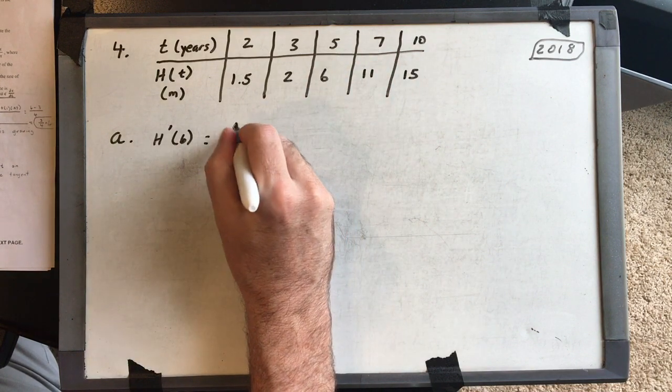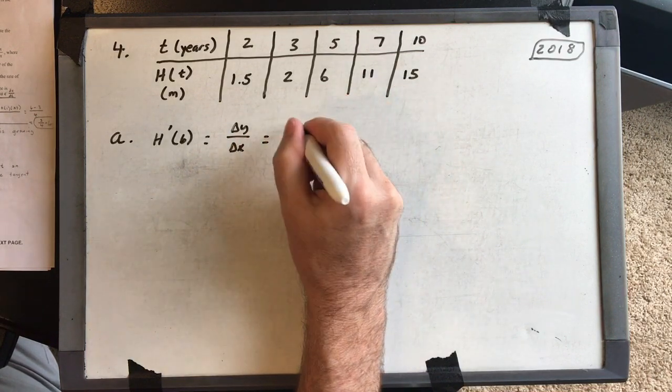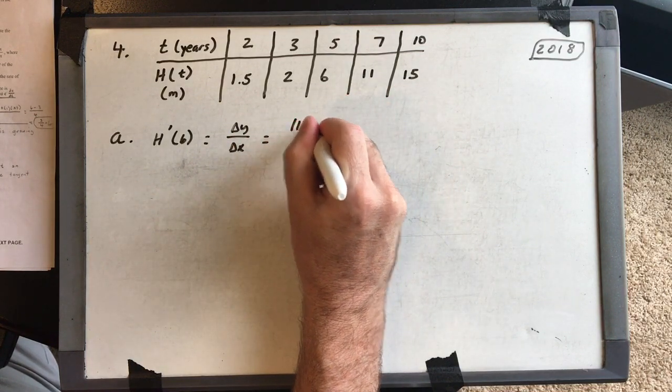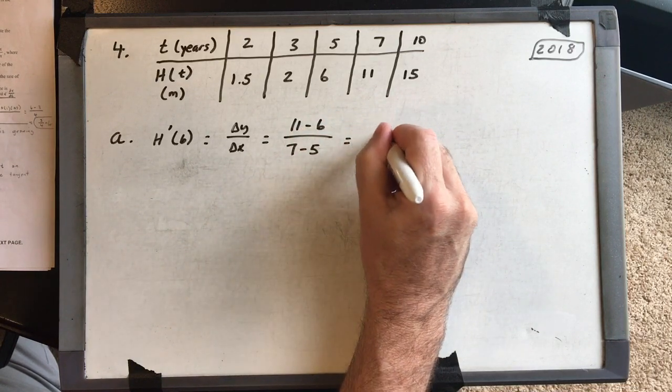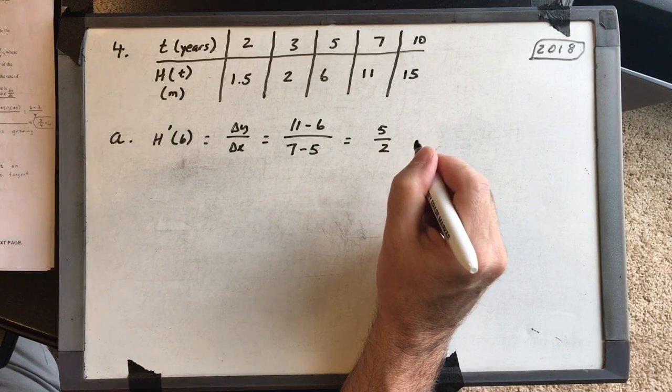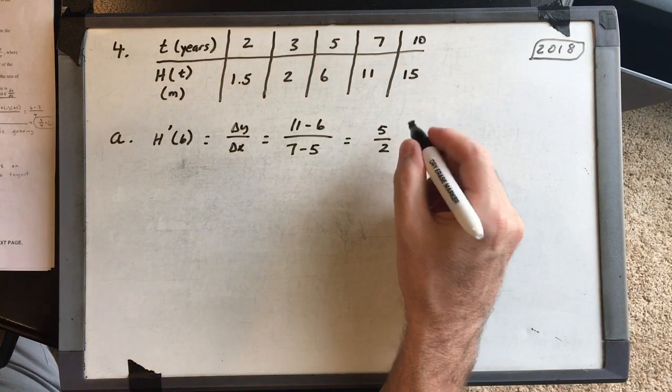Okay, so change in y over change in x. So that's going to be 11 minus 6 over 7 minus 5. So that'd be 5 over 2. The unit is, just look at the table, meters per year.